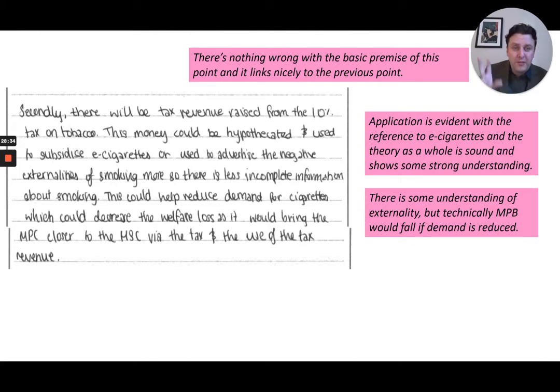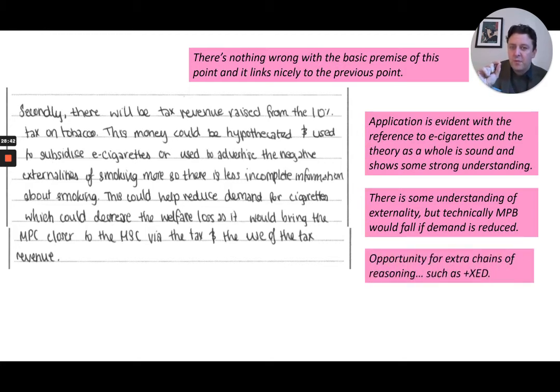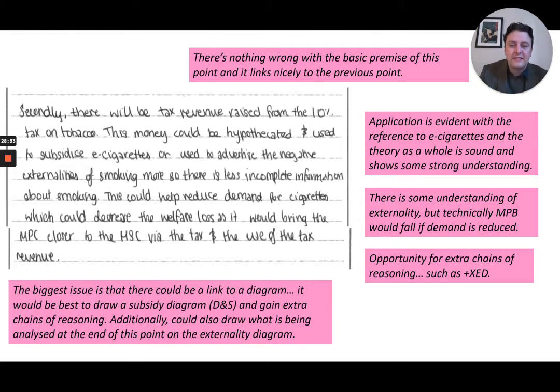I think that might be just a confusion for the student in terms of their diagram. I think that's the core point here. There is an opportunity here for extra chains of reasoning. You could talk about the cross-price elasticity of demand here, which would be quite good with e-cigarettes.